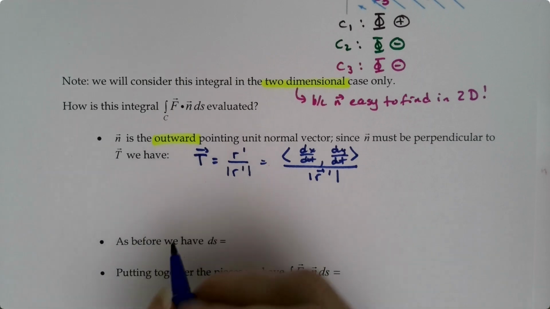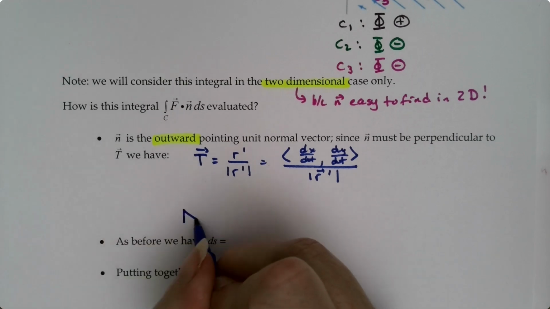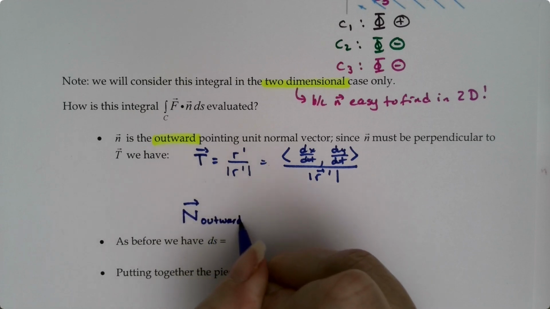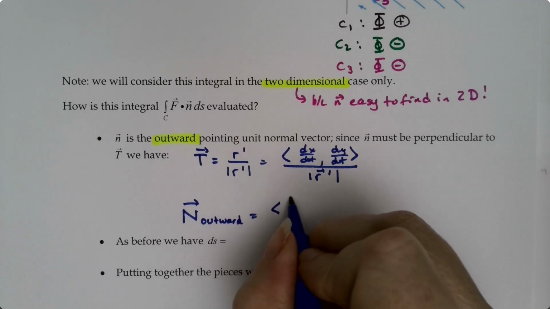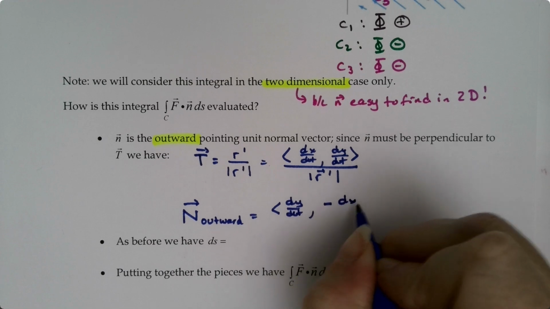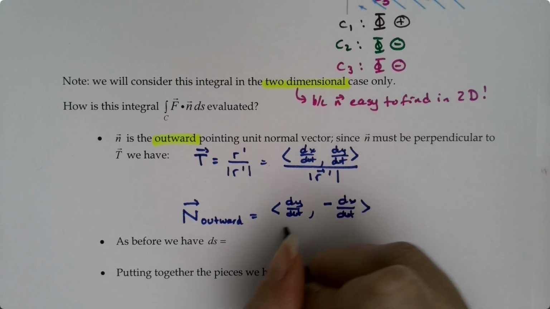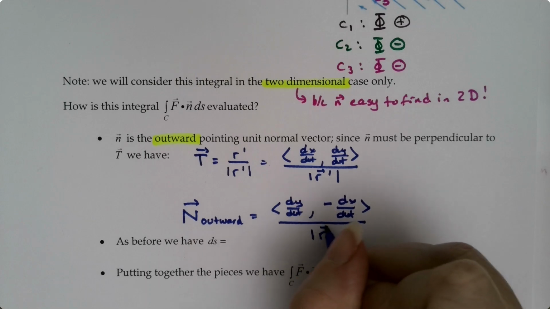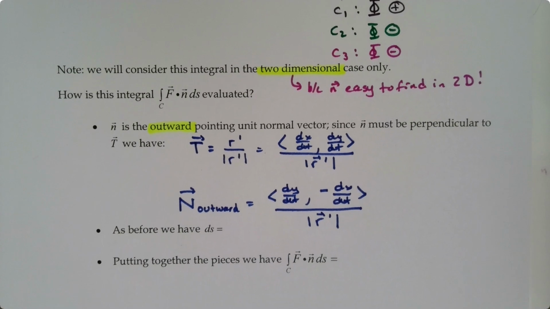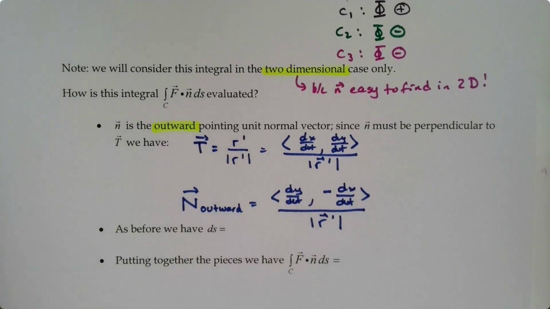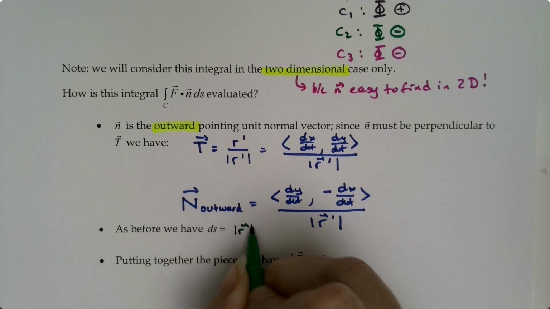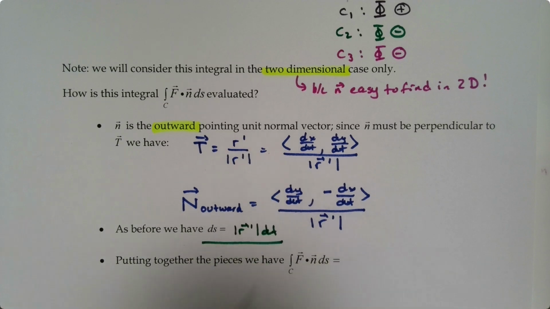Since we want the outward one, we want to take dy/dt in the front and then negative dx/dt in the back. And we would divide it by the magnitude of r prime. And remember that we have ds. We already know ds. ds is the magnitude of r prime dt. We already ran into that.